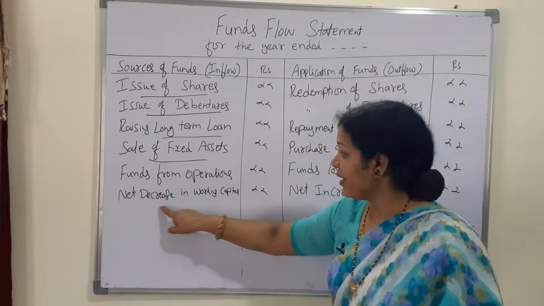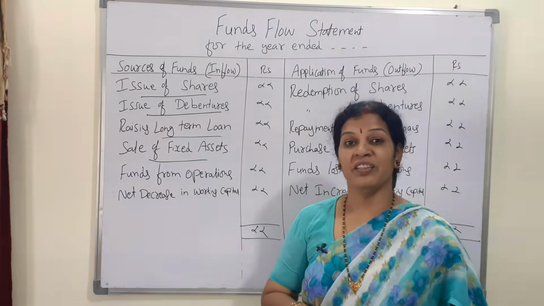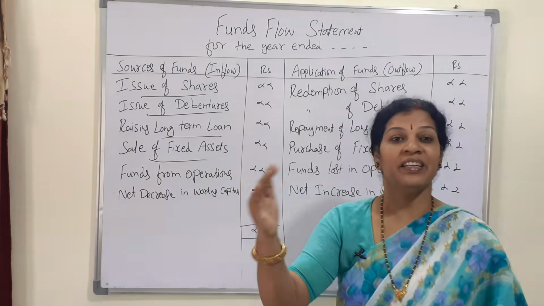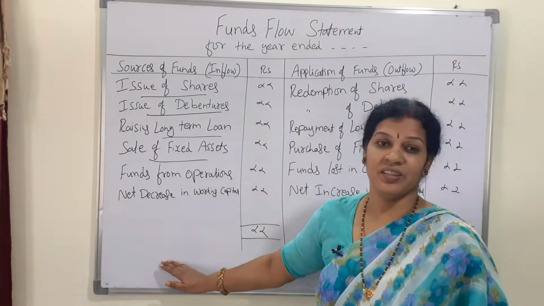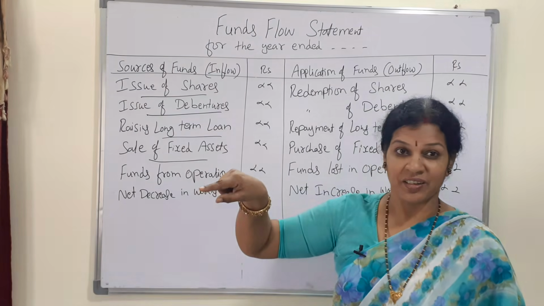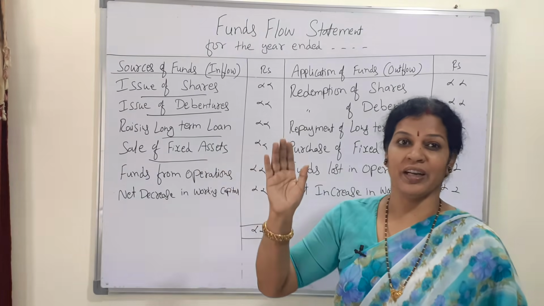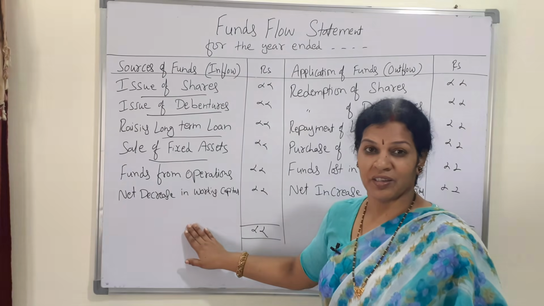And also net decrease in working capital. Net decrease in working capital is from the schedule of changes in working capital. Increase, we are saying it as decrease, that is why decrease is a source. In the schedule of changes in working capital, if at all there is any kind of decrease in working capital, that comes here.